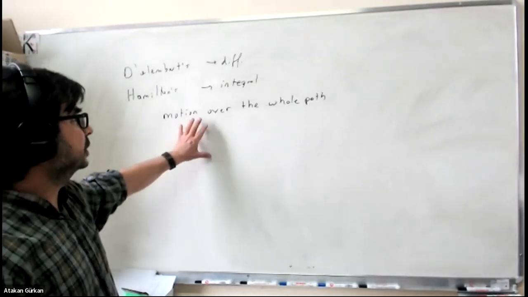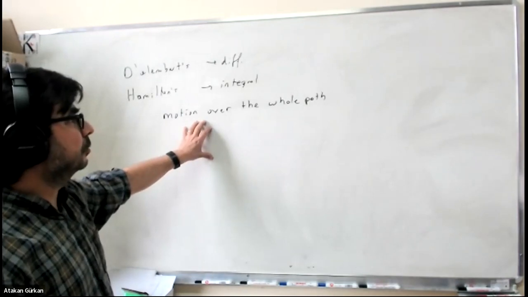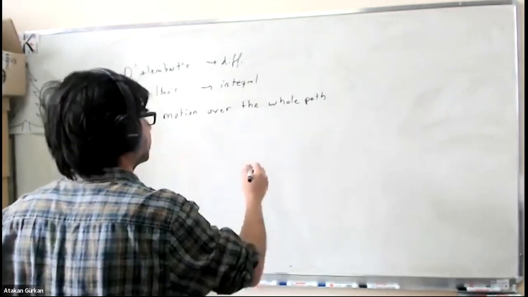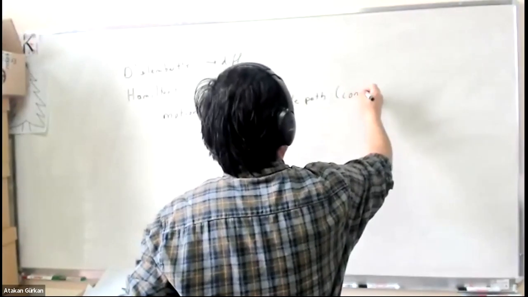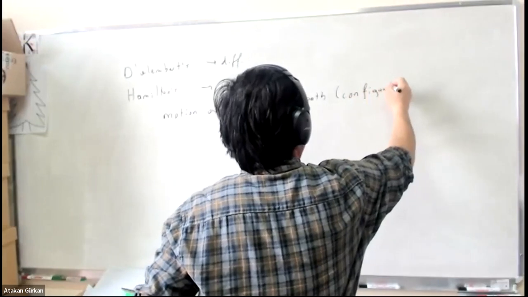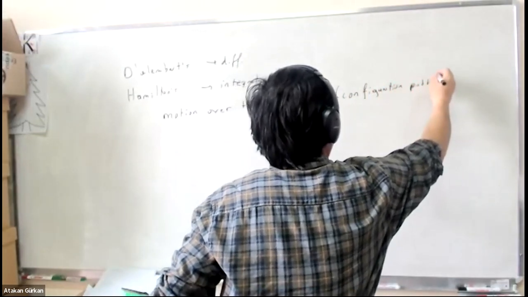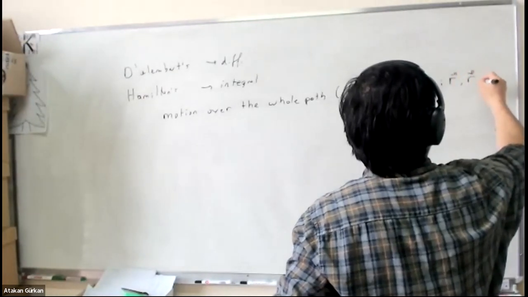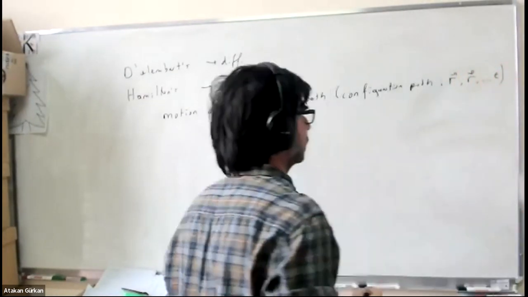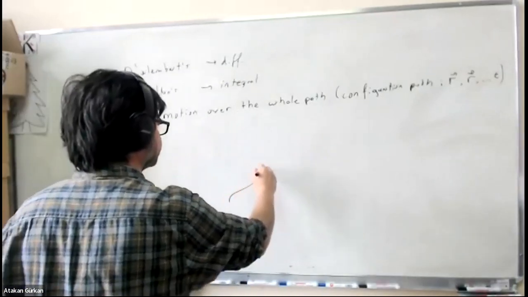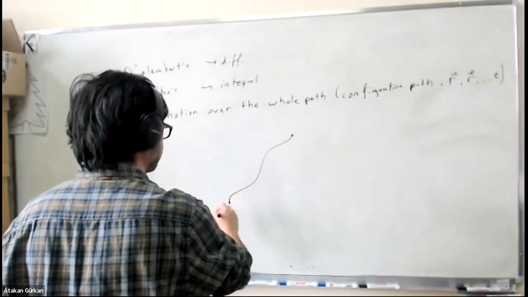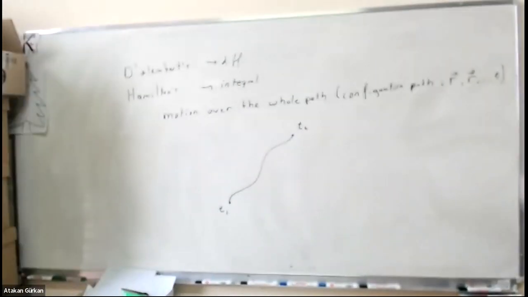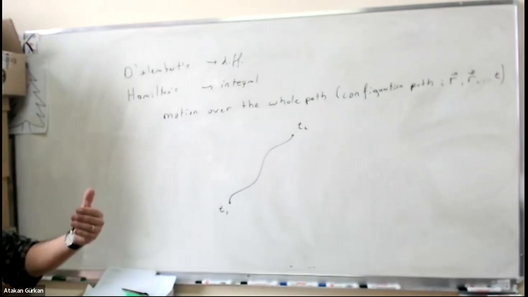Now we have to define this, and the way I'd like to define this is through the configuration path. Okay? So when I say path, what I mean is the configuration path. So this will be your positions, your velocities, etc., plus possibly time. So you have a path that you start at T1, that you end up at T2, and there's some parameterization.